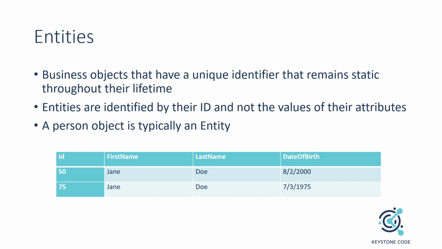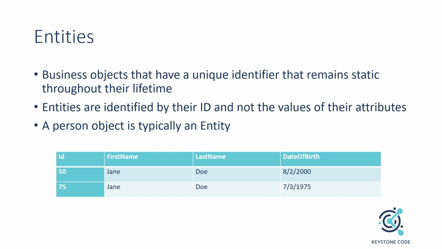A person object is typically implemented as an entity. I've shown a sample table of what we might be tracking for people, and we can see there are two people that are both named Jane Doe. Let's say we had a person object in memory and we didn't have the date of birth field on it.